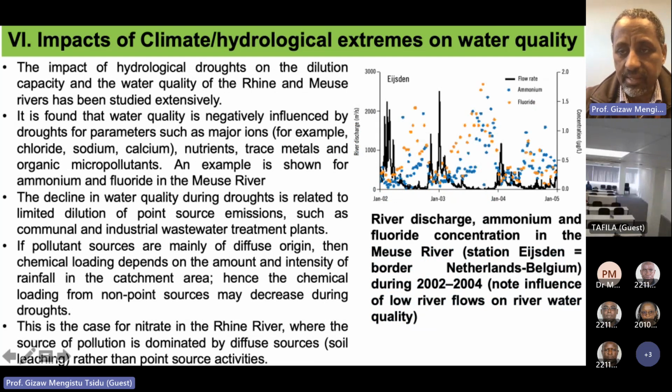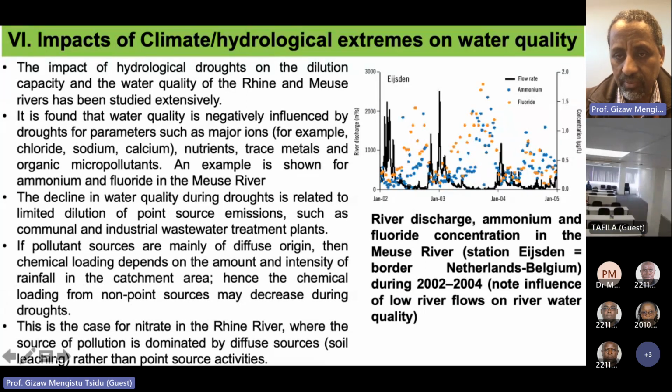And here is another example where some of the elements like ammonia and fluoride are affected because of river discharge. When you have a low flow, the blue shows the flow rate.